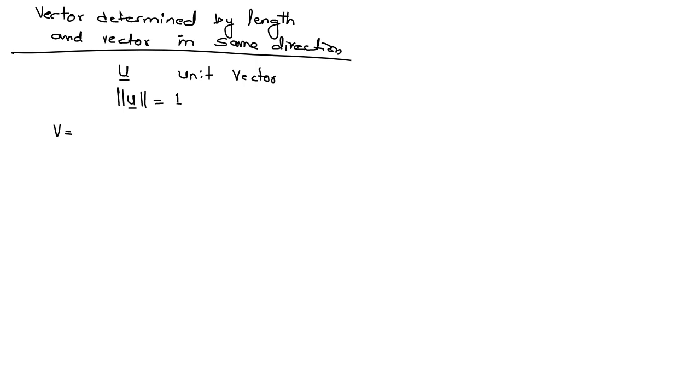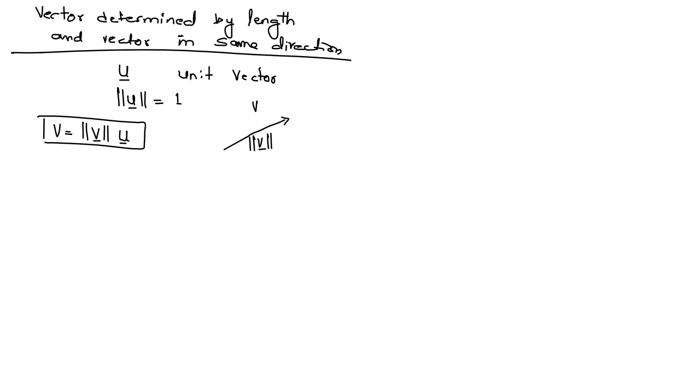Any vector is equal to the mod of that vector multiplied with the unit vector, when you have the same vector but different lengths. For example, I say this one is the vector v, and this is the length of the vector.